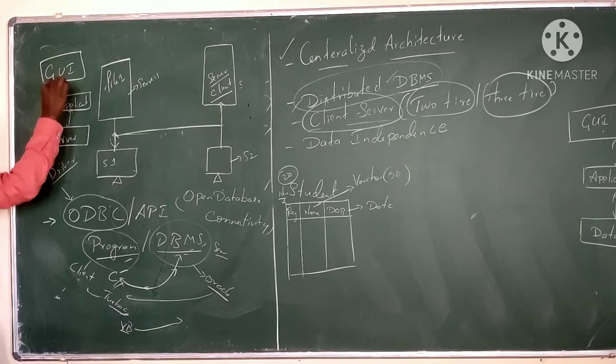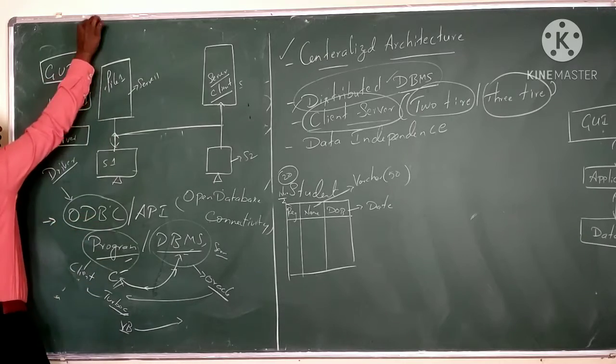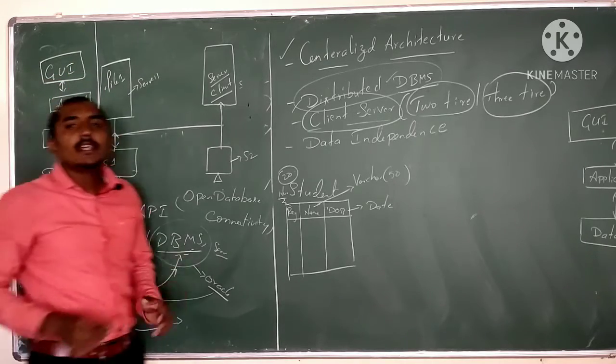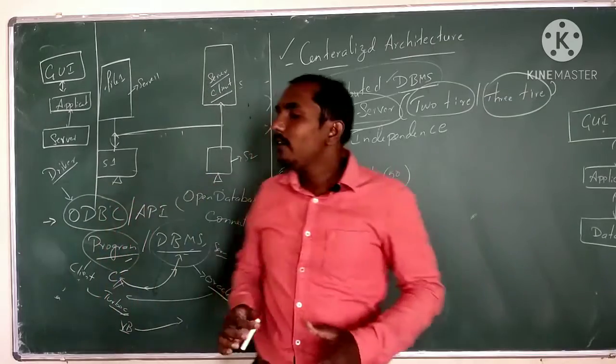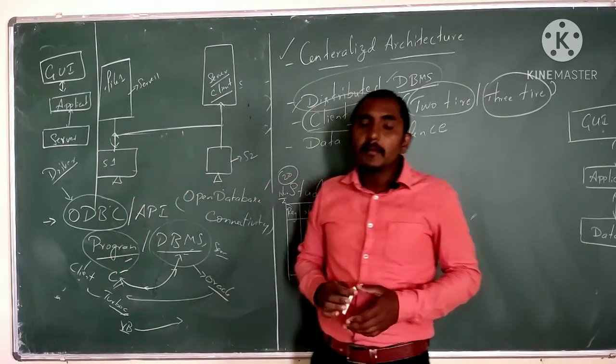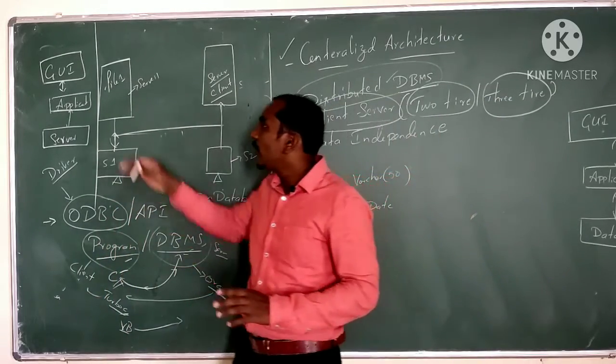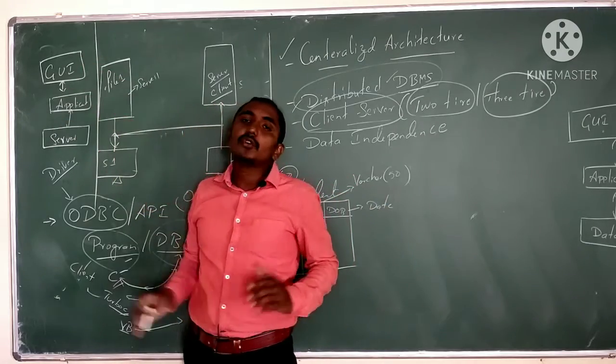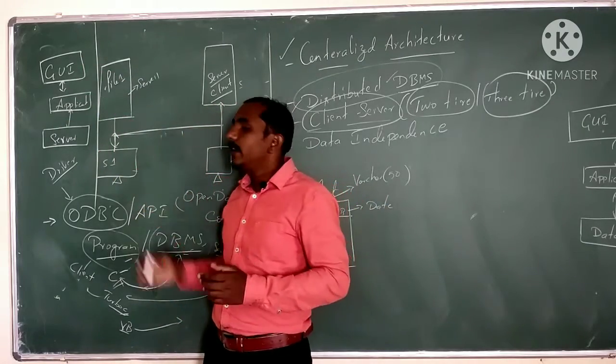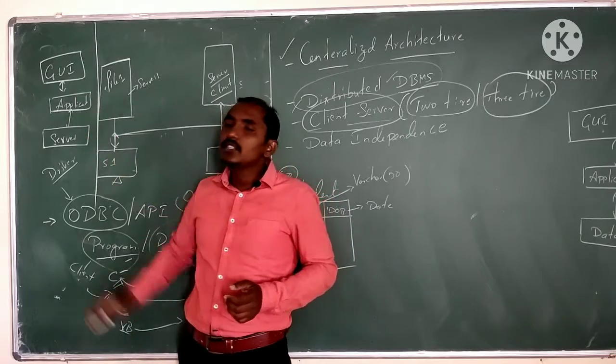Okay, so what is the difference between this 2-tier and this 3-tier? In 2-tier architecture you're going to have only client as well as server, but in 3-tier architecture we are going to have 3 levels, where first you're going to have the external level like your client, and the application level.